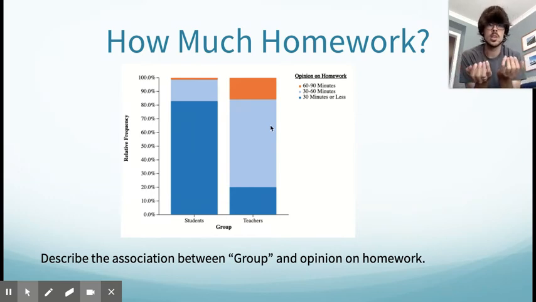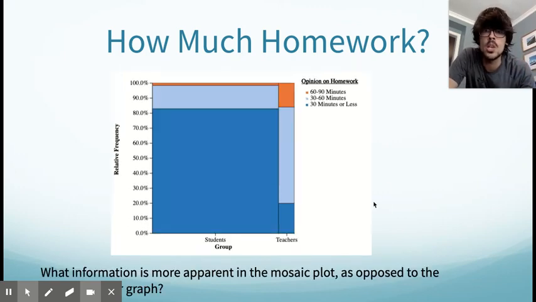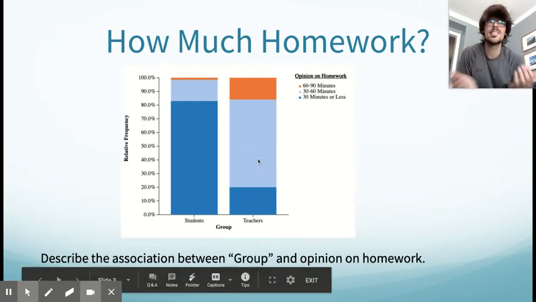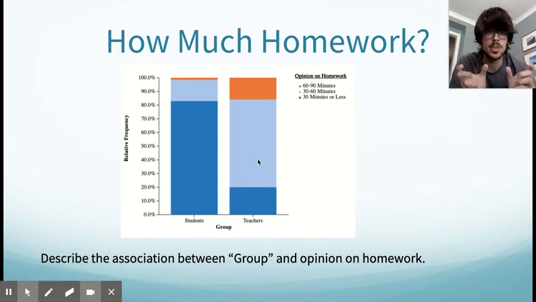So you should consider both groups equally. But in some contexts, maybe even this one, it makes more sense to look at the raw number of people. Again, I want to remind you, there were 200 students in this survey and only 25 teachers. When you look at a graph like this, you lose that information and it looks like both groups were similar in size.